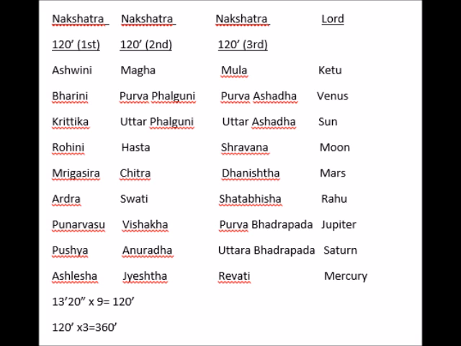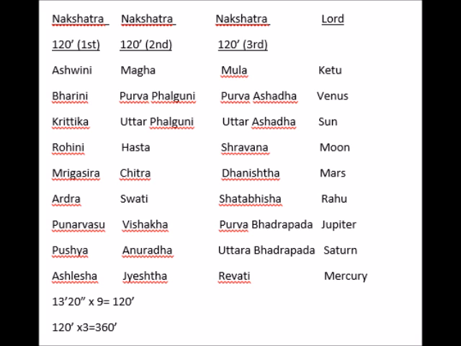It's Ketu, Venus, Sun, Moon, Mars, Rahu, Jupiter, Saturn, and Mercury. This sequence is very important. Why? Because if you look at the first nakshatra in the first column, which is Ashwini, it is ruled by Ketu. If you look at the first nakshatra in the second column, that is also ruled by Ketu.